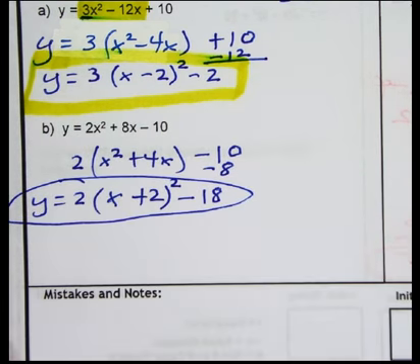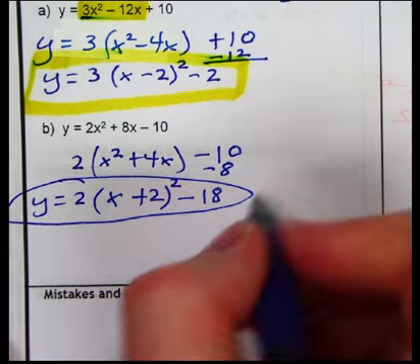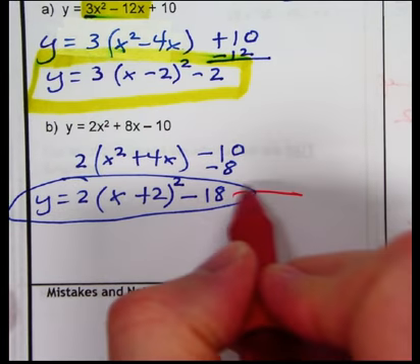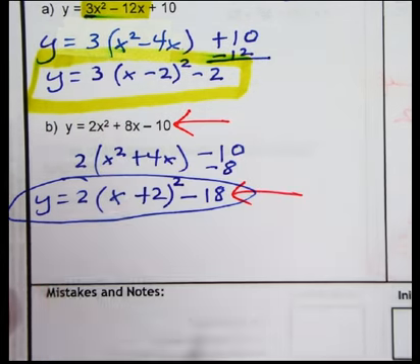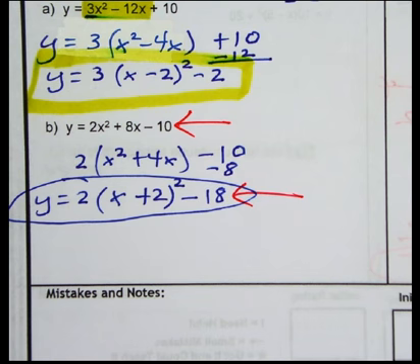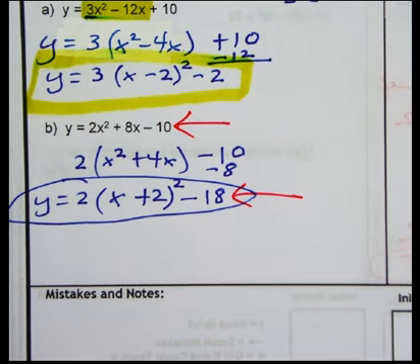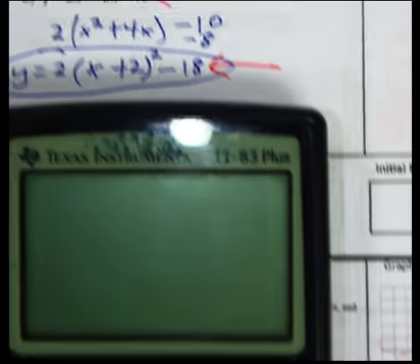Now again, ladies and gentlemen, you can type in this equation in your calculator, you can type that equation in your calculator, you can push second table, and you can see that they are going to show you the exact same tables. That's one easy way to confirm that you did it right. If you want to take a look at that, we can do that right now. We can just type them in.